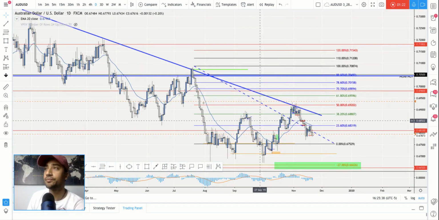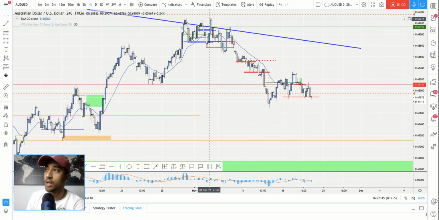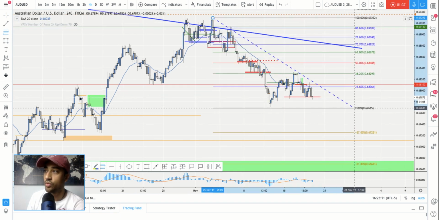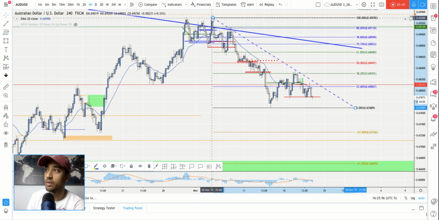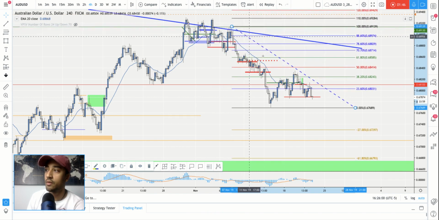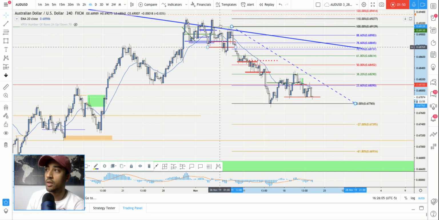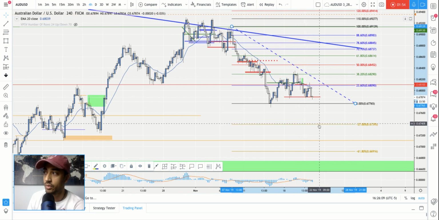Now we had a slight pullback from point A. Let's go ahead and put this on, from the actual point A to point B to point C, 38.2 for the continuation to the downside.